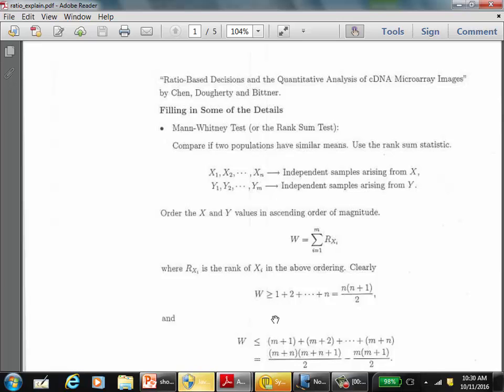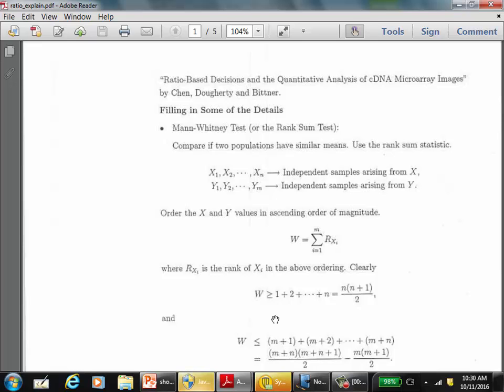Now, if it so happens that the x's are much smaller than the y's, that means the mean of x is significantly lower than the mean of y, then when you do this arrangement, all the x's will come before all the y's. Agree?